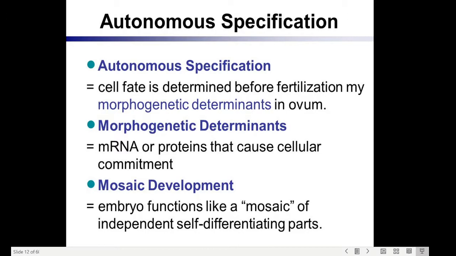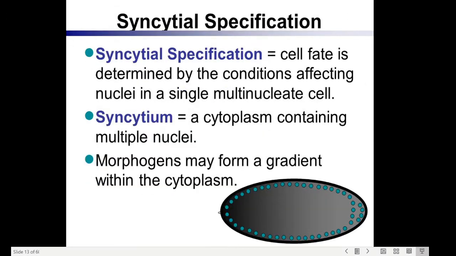That protein carries the signal that this cell can be specified for cell differentiation. Another term is mosaic development. The embryo functions like a mosaic of independent cell differentiation parts. Each and every cell develops into the differentiating parts. That is the essential specification here.